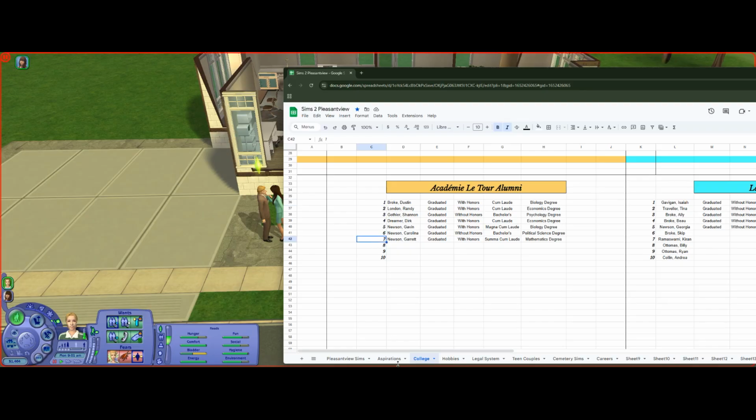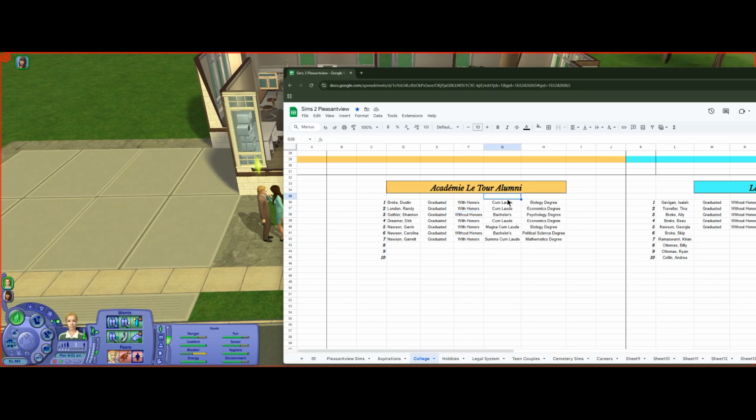So as you could tell, out of all my Sims that went to college, 7 of them went to Academy Latour. So I added their name of the Sim. I added if they graduated or not, which they all graduated. I added if they have graduated with honors, and most of them graduated with honors because Academy Latour is a prestigious college. So only 2 didn't, which was Shannon and Carolina, but that's okay.